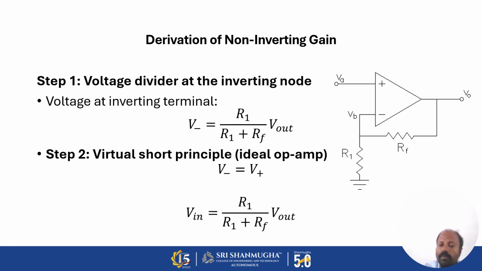As per the virtual short, the virtual ground principle, for an ideal op-amp, whatever the voltage VB is, the same can be considered for VA. So based on that we get the input voltage V in as R1 by R1 plus RF into V out.